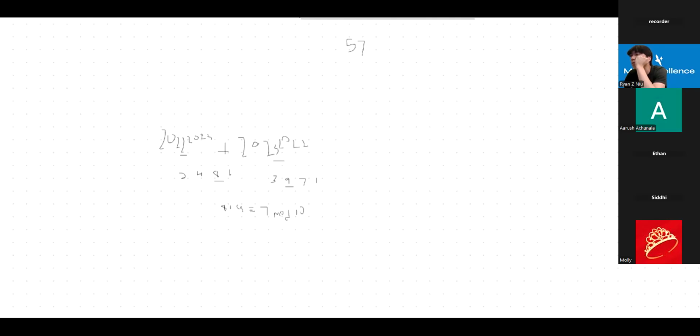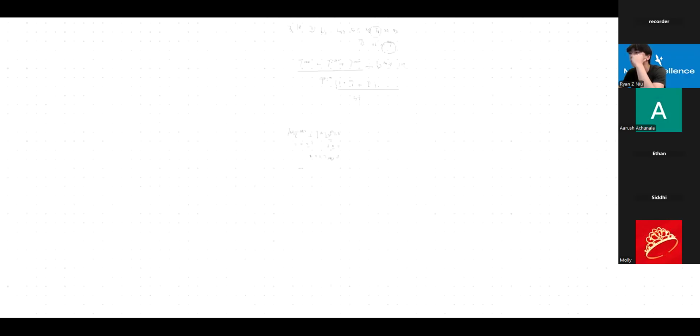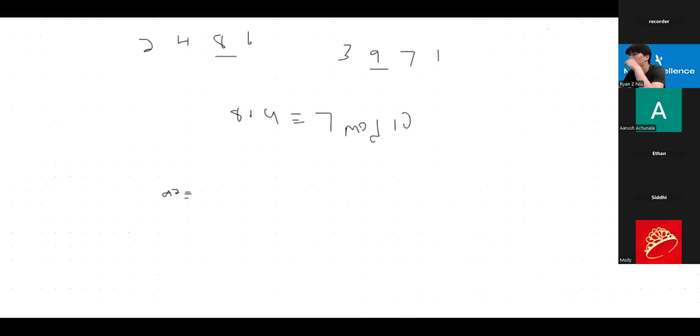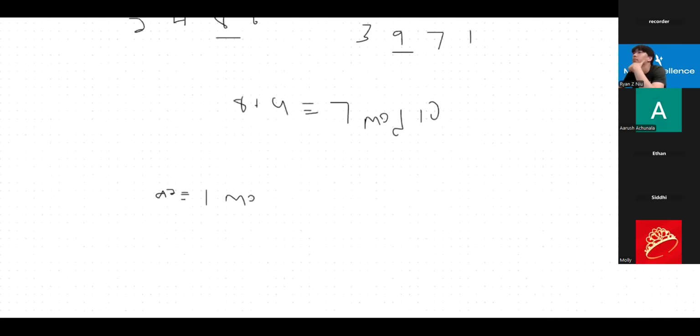If A squared is 1 mod 4 and the other is 0, then if you add them up, you just get A squared plus B squared is 1 mod 4.